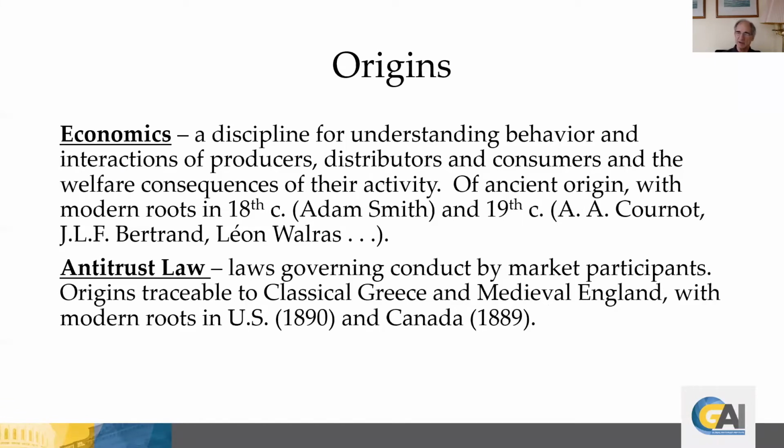And antitrust law itself has roots in the classical period of Greece and also in the common law that emerged in medieval England. And the first modern national antitrust statutes were passed in Canada in 1889 and the US in 1890. So that's a very broad historic overview.